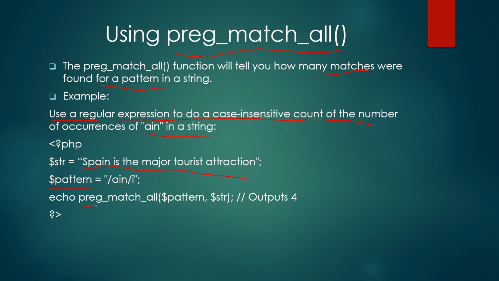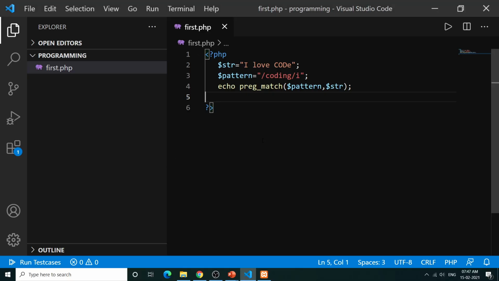We use the preg_match_all function, and it will take two arguments. First is the regular expression and second is our string. This function will return a number. The previous function was just returning either 1 or 0, but this will actually return the count, how many times this pattern is occurring in the string.